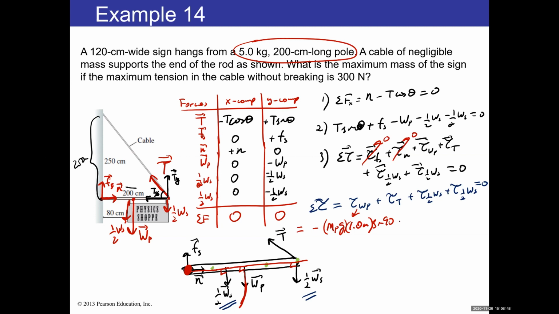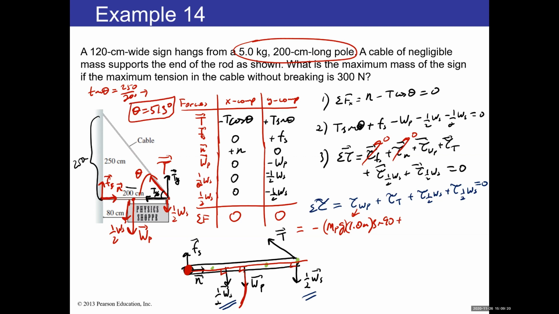Then plus the torque due to the tension. The torque due to the tension is the only one that gives me positive. I can find the angle using tangent of theta equals 250 over 200, so theta equals 51.3 degrees.